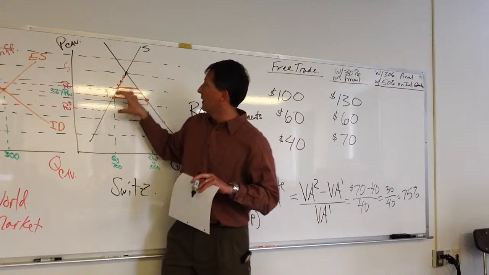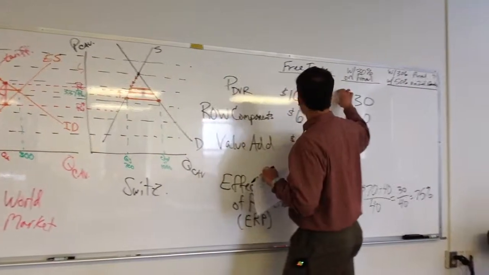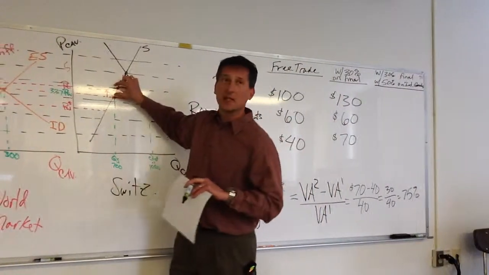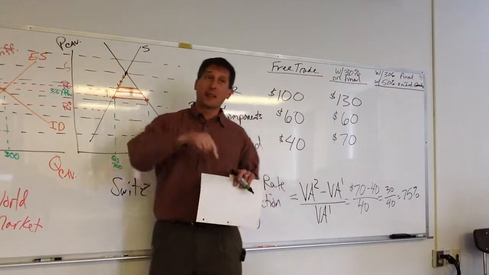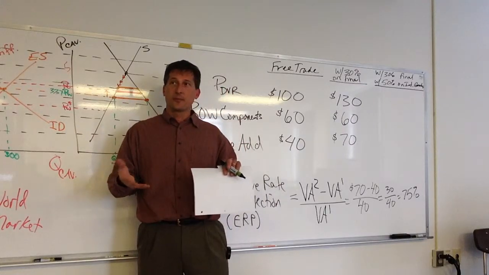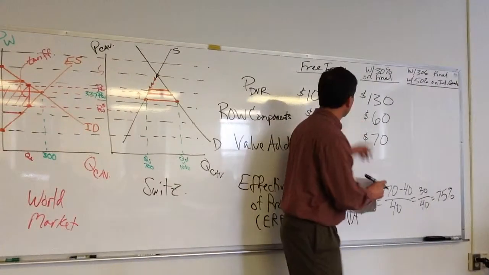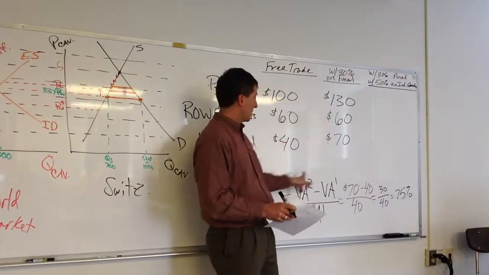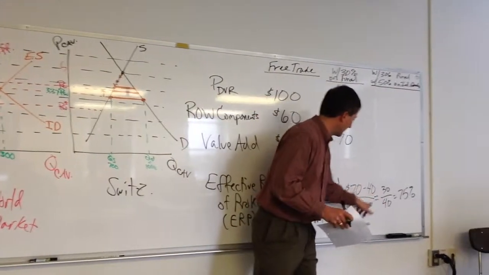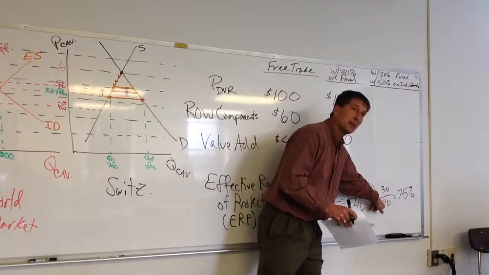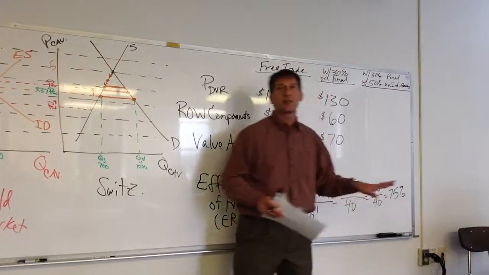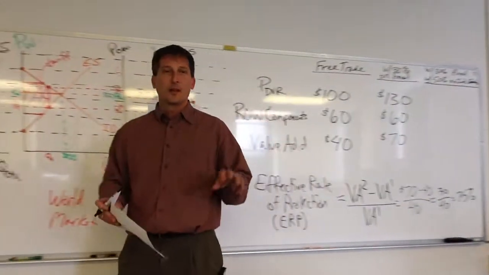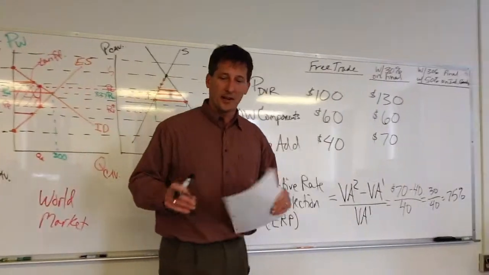Then we add the tariff, the price goes up, but it doesn't go up for them because they're American producers. And that effectively lines their pockets with an extra 30 bucks. And so 70 minus 40 gives us the 30 bucks divided by the 40 where we were at, a 75% protection rate. We'll pick up there Friday.